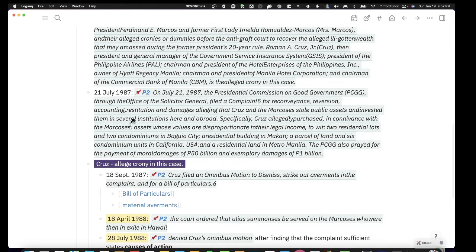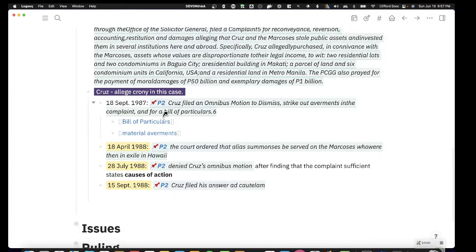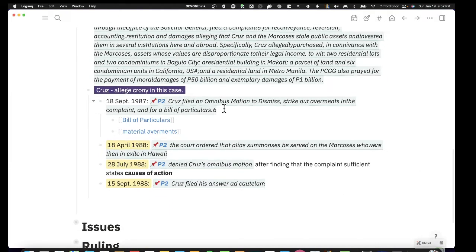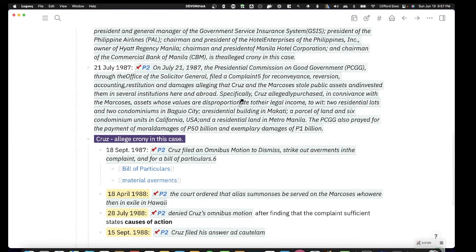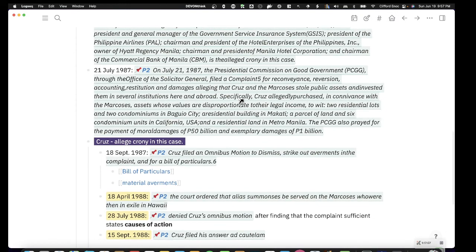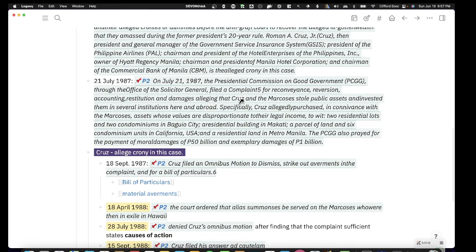And then mayroong mga timeline dito, and mayroong mga nakalagay diyan ng mga alleged purchase. Kasi the government, no, mayroong binuo na anti-graft court, the PCGG, through the office of the OSG, nag-file sila ng complaint for reconveyance, reversion, accounting, restitution, damages, alleging that Cruz and Marcos stole public assets and invested them in several institutions here and abroad.